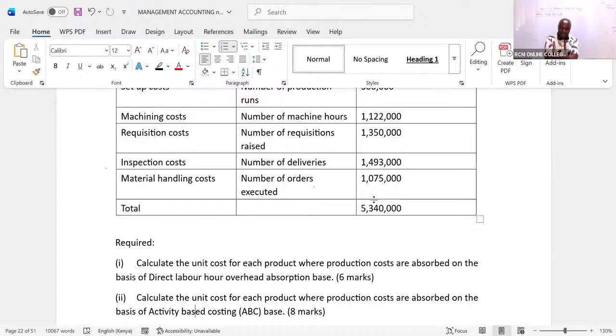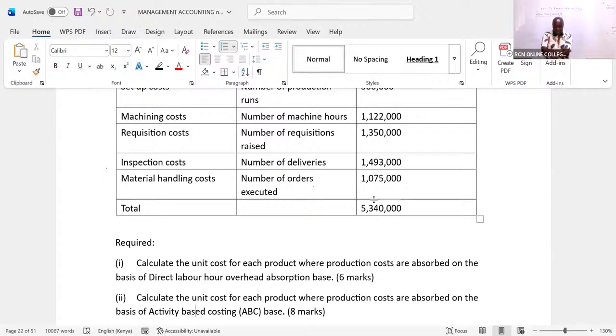Traditional method. Because the traditional method is the only one which makes use of what here? One factor. And the factor in this case is direct labor hour.